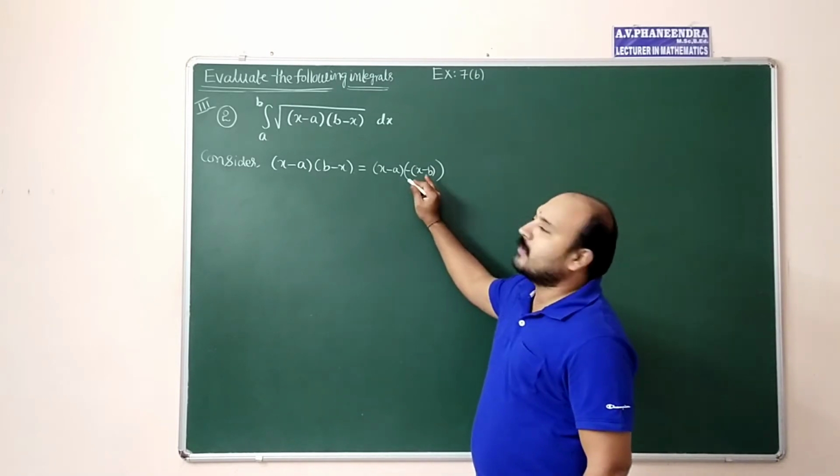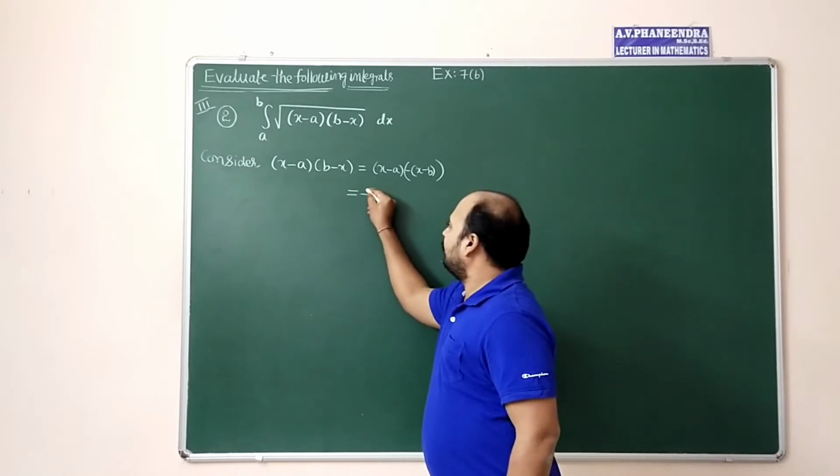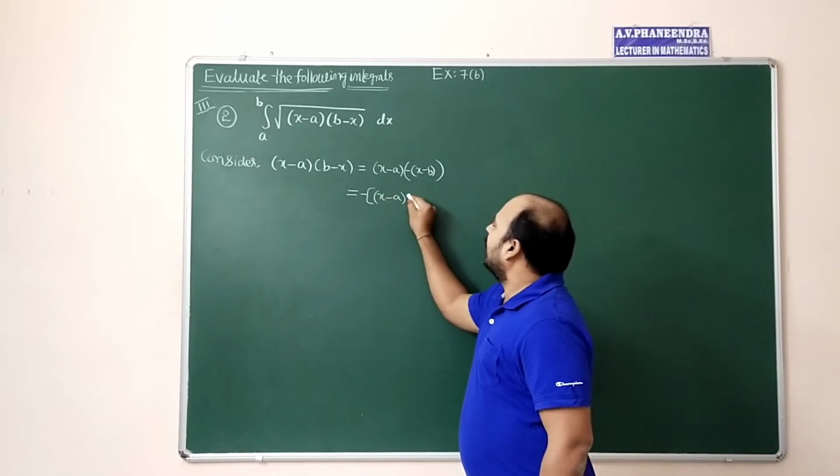We are taking common minus from the second term of this one. So now minus of (x minus a) into (x minus b).